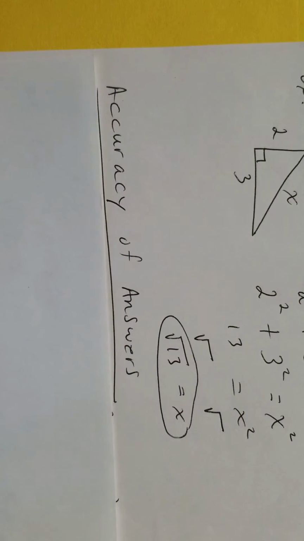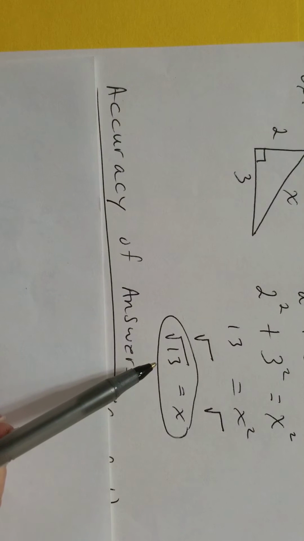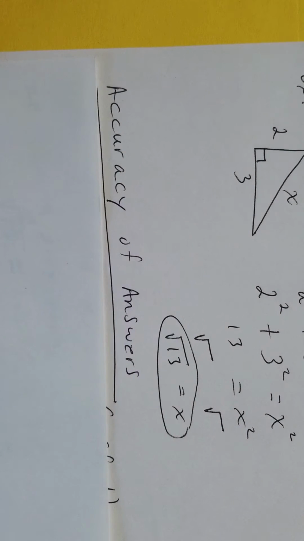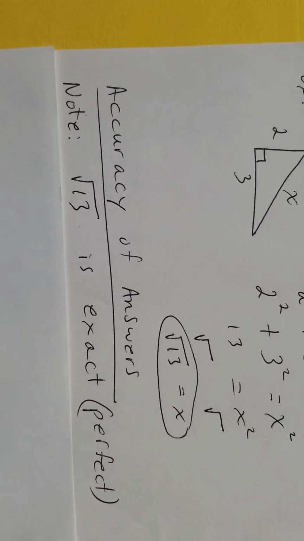Before we go on to a second and third example, let's talk a little bit about accuracy of answers. Notice that this one came out to square root 13. A lot of students will ask, do I leave it like that or change it to a decimal? Well, it all depends on the instructions. The instructions might say give the perfect, accurate answer, so you leave it as a square root. Square root of 13 is exact.